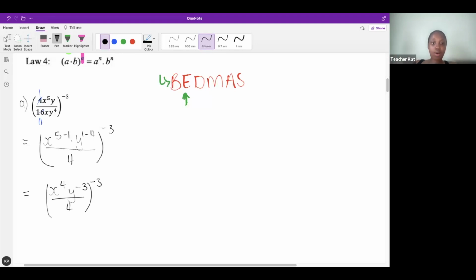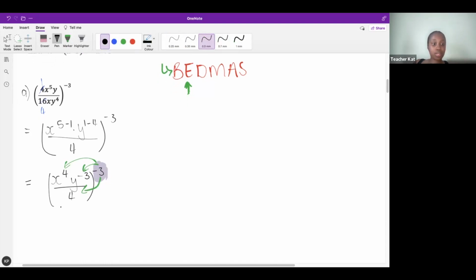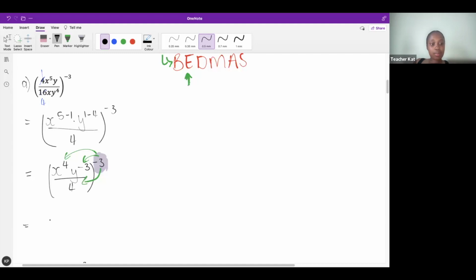And there we go. Now where do we go with the sum? We have simplified stuff inside the bracket. So now where do we go with the sum? Distribute. Nice, Seth. Thank you. We're going to take this -3 on the outside and we distribute it to everyone: X, Y, and the 4 at the bottom. So then I'm going to have x to the power of what?